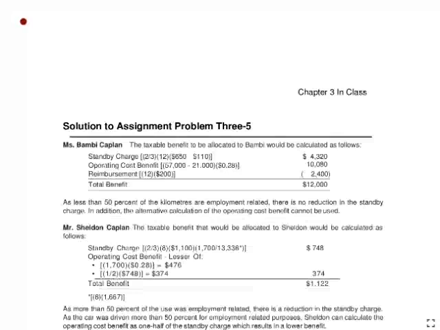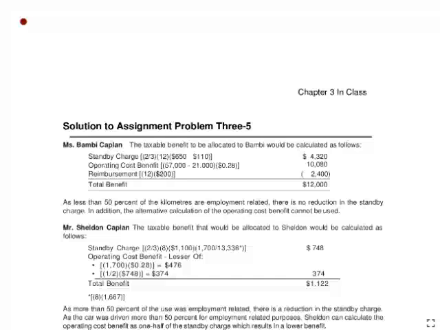She drives a total of 57,000 kilometers. 21,000 is employment related. So 21,000 of employment kilometers out of 57,000.